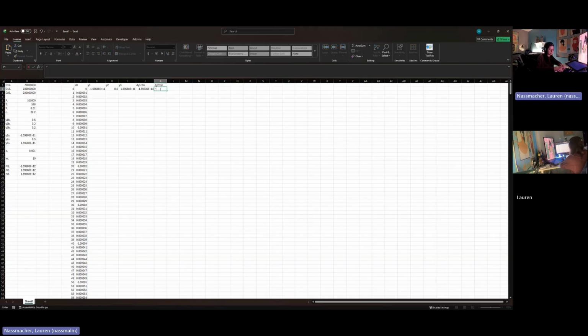And this is, again, kind of the same concept. Instead, you're using your mole fraction of 1 multiplied by your molar flux of 1 minus your mole fraction of 1 multiplied by your molar flux of 2, divided by your concentration multiplied by your diffusive coefficient of 1 to 2, and subtract from that mole fraction of 2 multiplied by your molar flux of 3 minus your mole fraction of 3 multiplied by your molar flux of 2, divided by your concentration multiplied by your diffusive coefficient of 2 to 3.